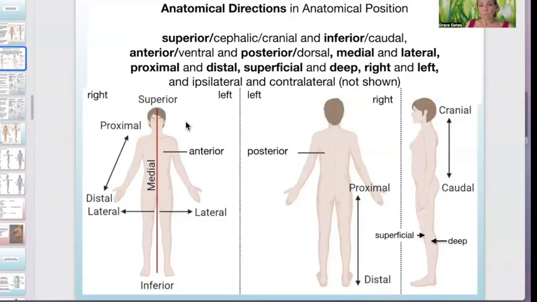And there are multiple anatomical directions. They're paired. So superior and inferior can be used as anatomical directions. Anterior and posterior, medial and lateral, proximal and distal, superficial and deep, right and left, and ipsilateral and contralateral, which are actually not shown on this slide, but they're the only ones.